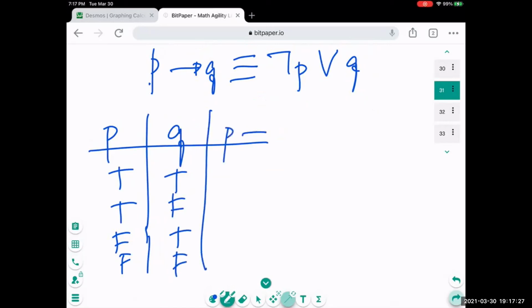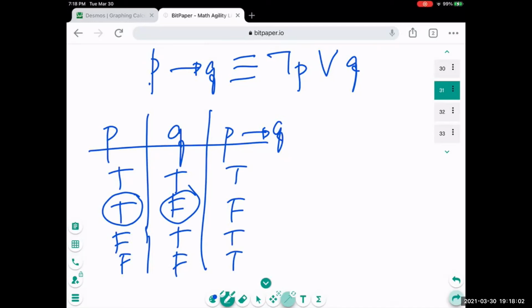Sabi niya, sa definition, false lang siya kapag yung P is true and yung Q is false. So, magpo-false lang siya sa second row, kasi ito, P is true, Q is false. And the rest would be true na. Yan yung definition ng ating conditional statement.